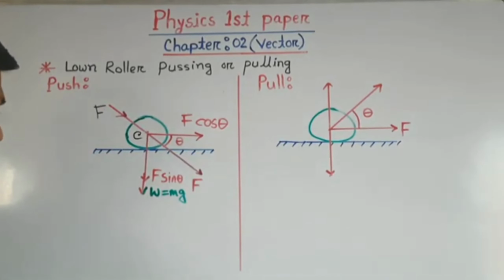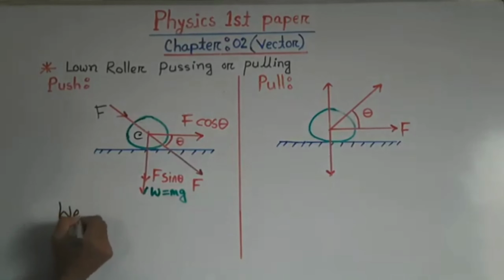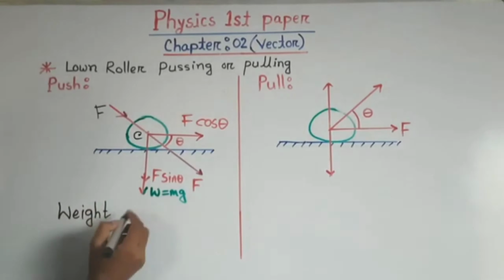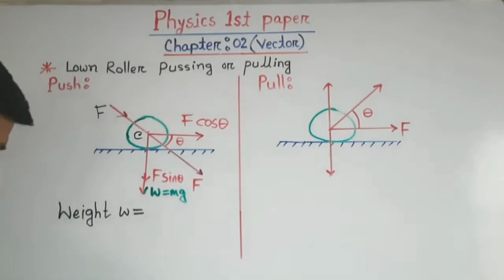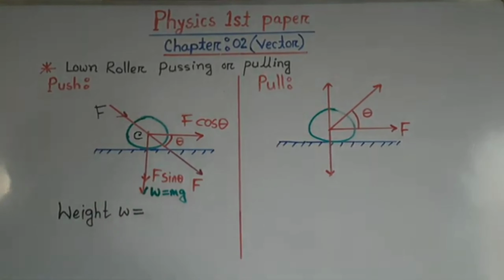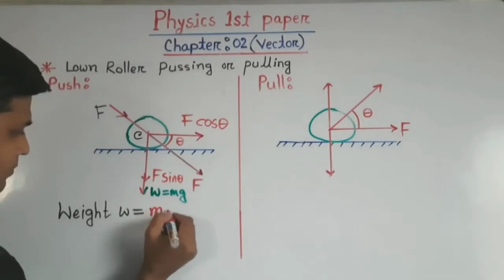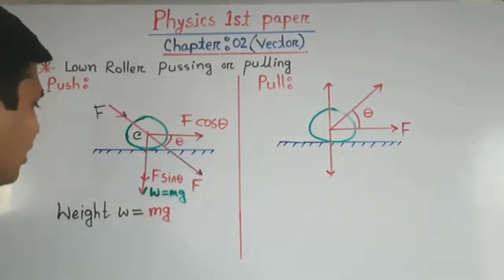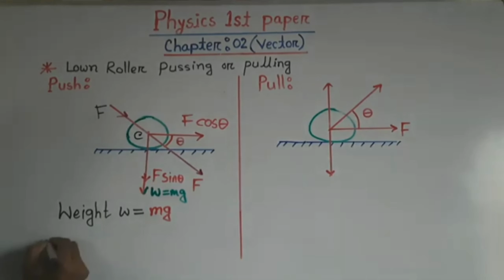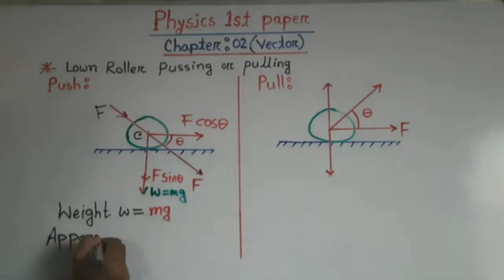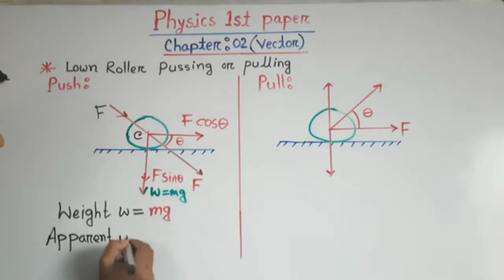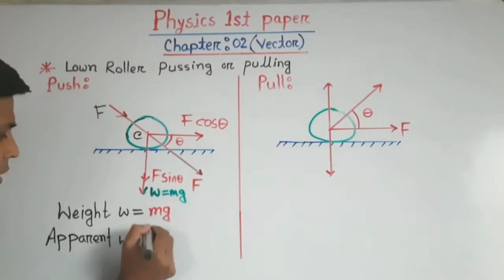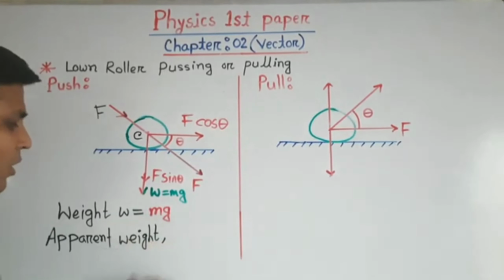Let's consider the weight, W equals mg, and the apparent weight of the lawn roller.